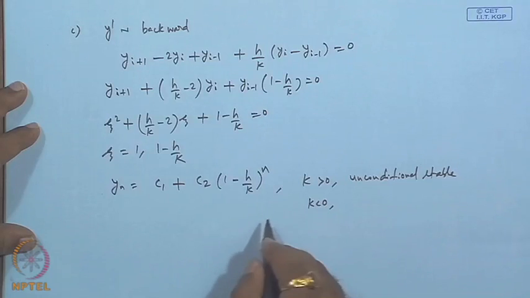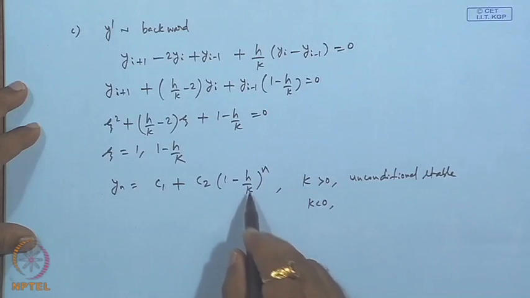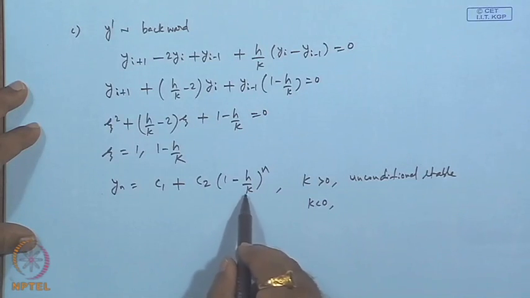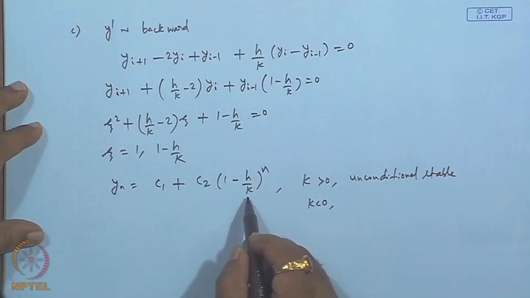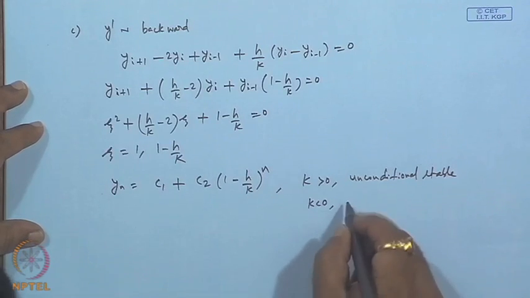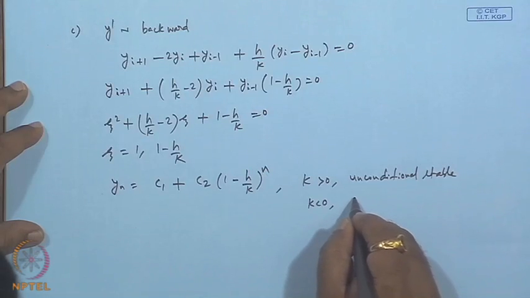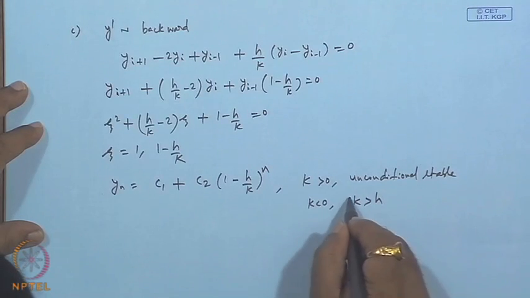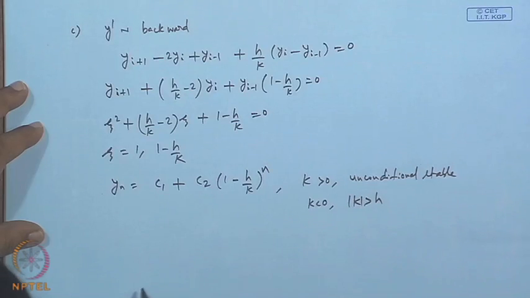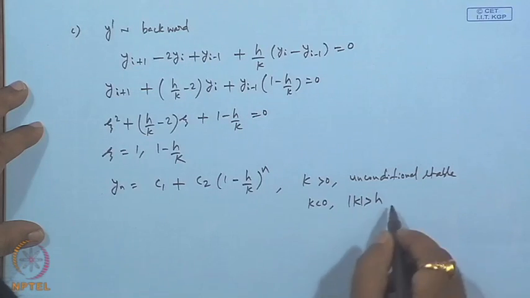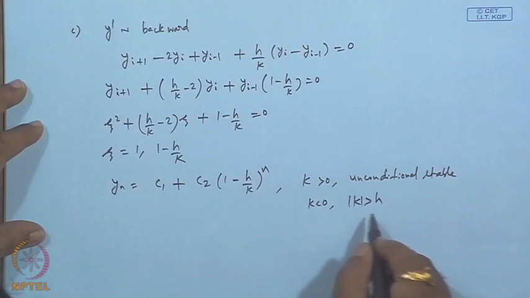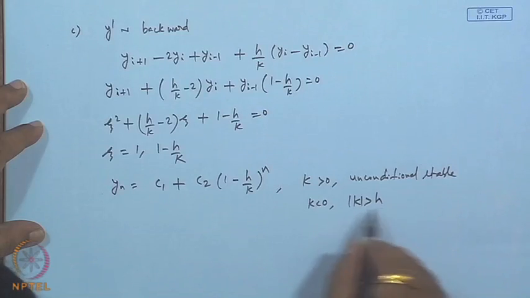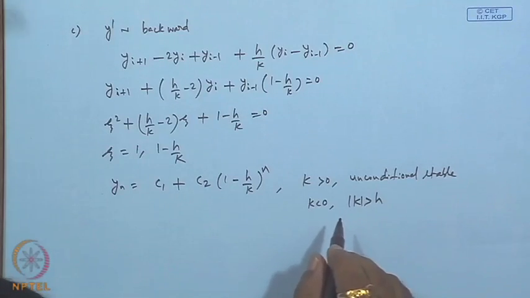K less than 0, we must get the condition. Okay. If k is less than 0, then k has to be larger than h in modulus. So, this is the conditional stability. Okay.